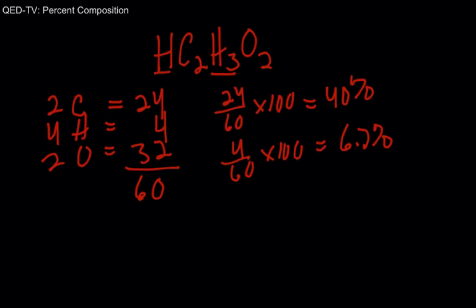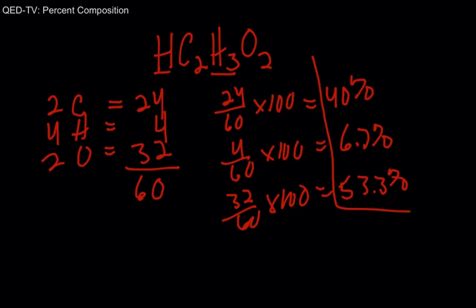And then for the oxygen, I would take 32 divided by 60 times 100, and that would be 53.3%. And so this would be the breakdown. This would be called the percent composition of acetic acid. What percent of any compound is the masses of all the elements.